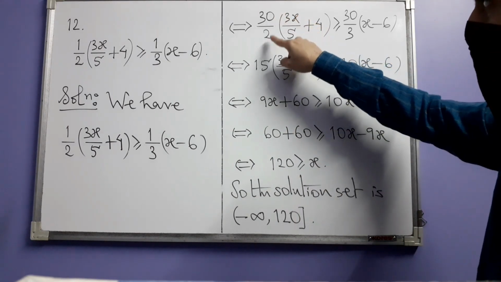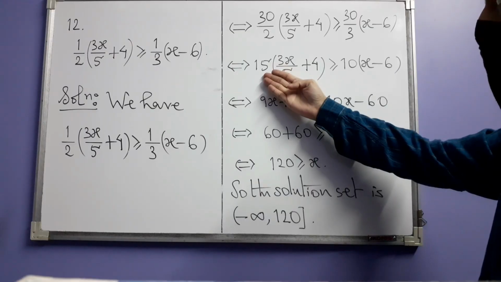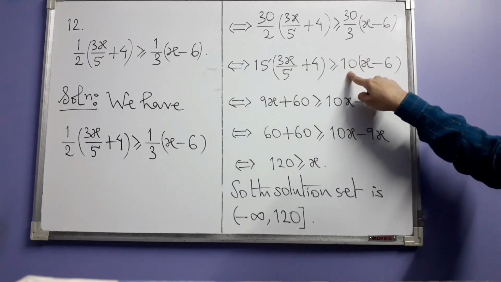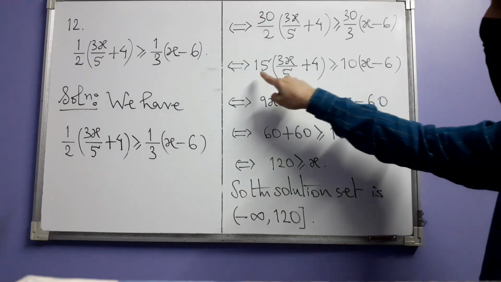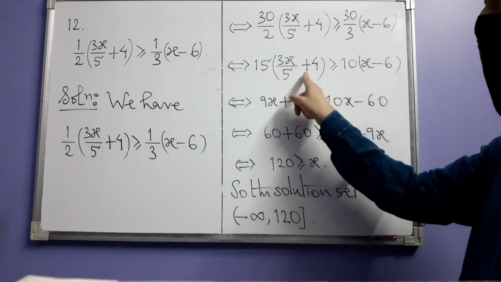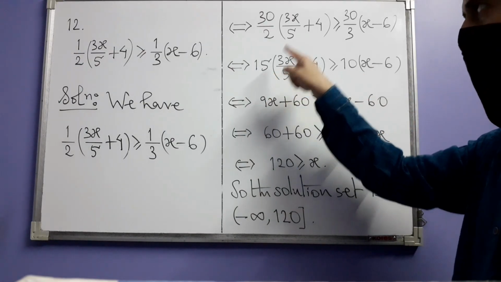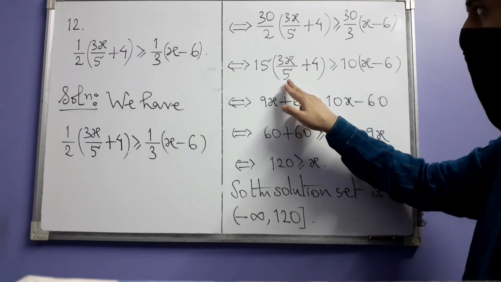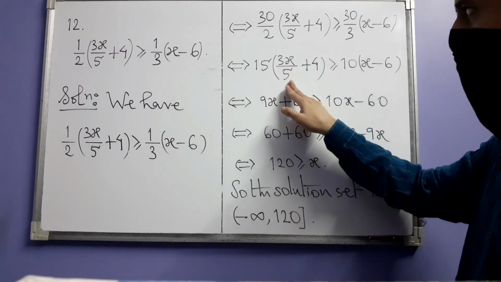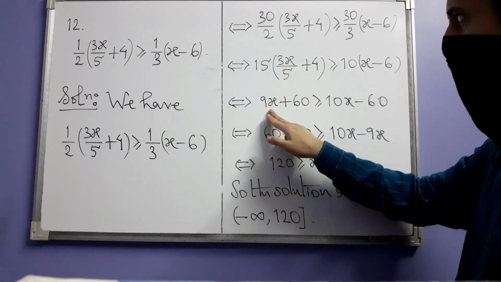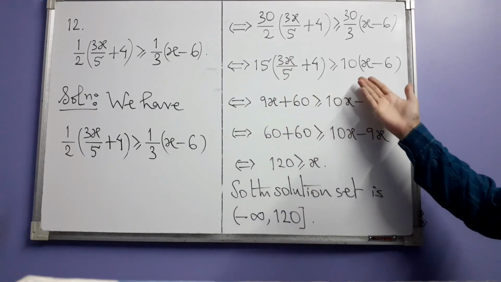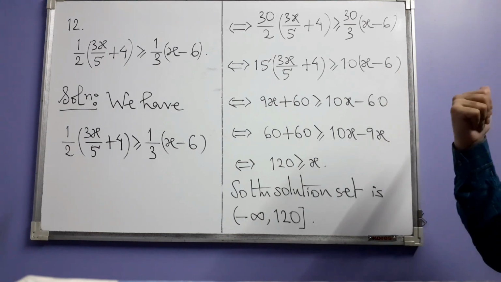So 30 divided by 2 becomes 15. On this side, 30 divided by 3 becomes 10. And then when you further multiply this thing by 15, and that's why we chose 30, not just 6. What do you get? 15 divided by 5 is 3, 3 times 3 is 9. 9x plus 15 times 4 is 60. On this side you have 10x minus 60.